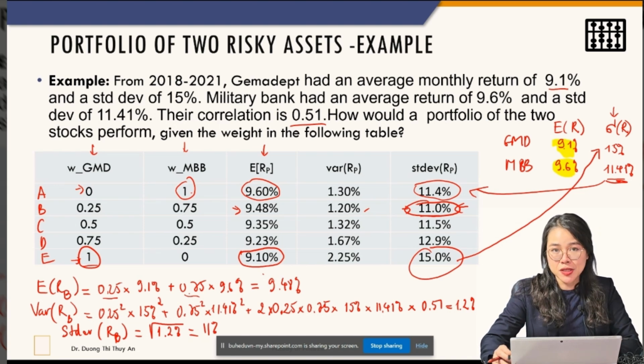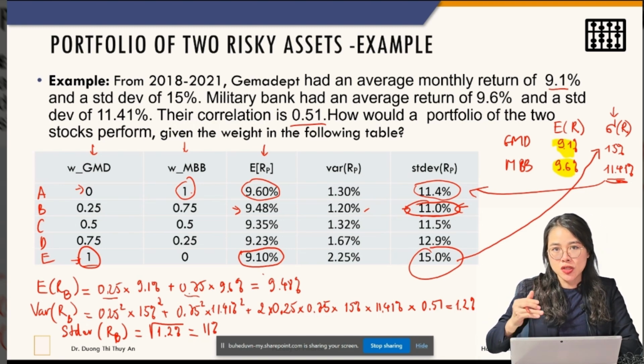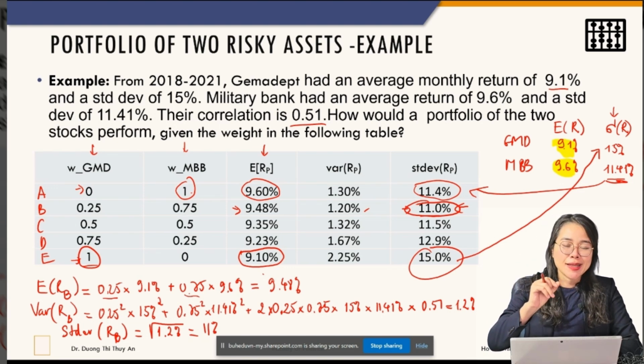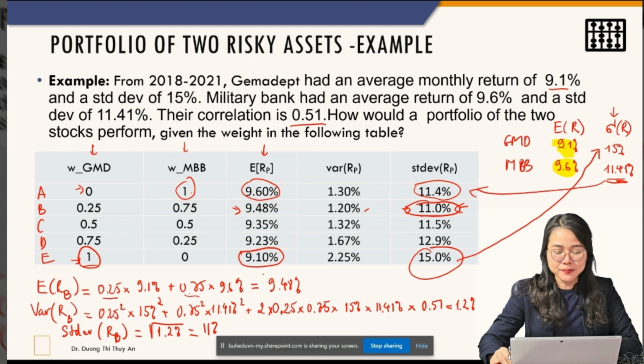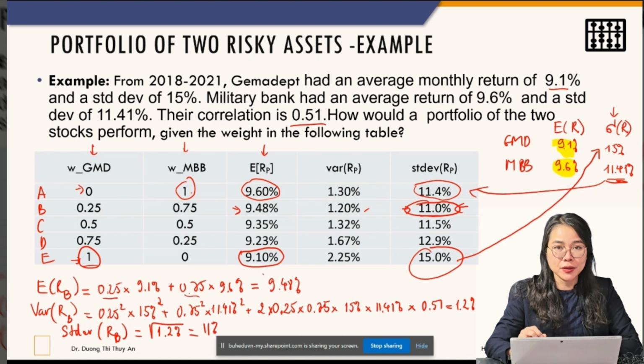But the same principle applies: when we combine more assets into the portfolio, we are able to achieve a total portfolio risk lower than the single risk of the asset that has the lowest risk. That is one important point of portfolio theory.